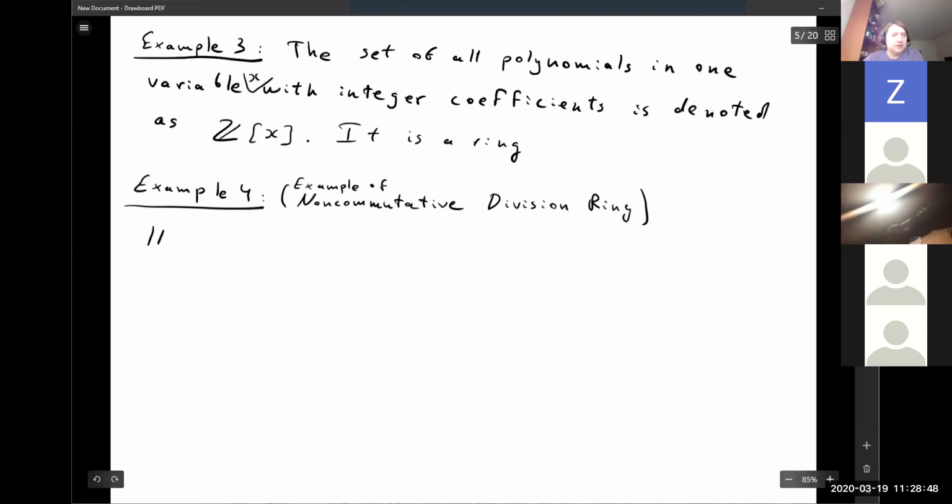And this is the so-called quaternions, H. H with a solid left line on the left, quaternions. As a set, quaternions is just 4-tuples of real numbers.